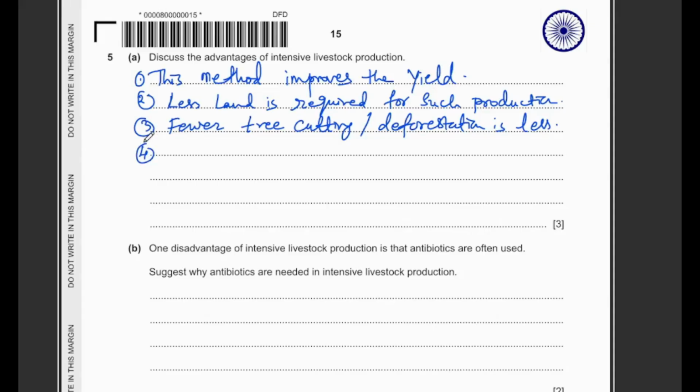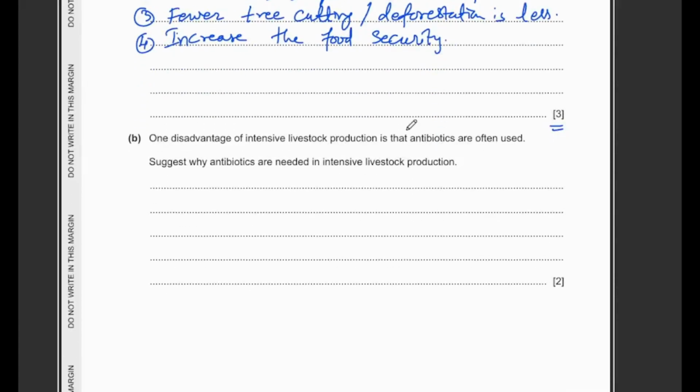Fourth point, or we have already covered 3 points here. This can also increase the food security. They did not mention how many, so let's say 3 means 3 to 4, we will write here: increase the food security. Done. One advantage of intensive livestock production is that antibiotics are often used, and suggest why antibiotics are needed in intensive livestock production.